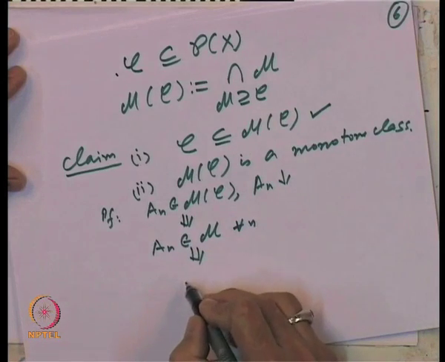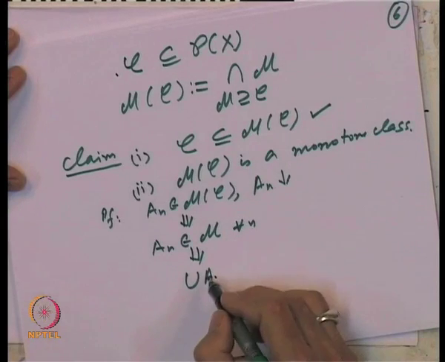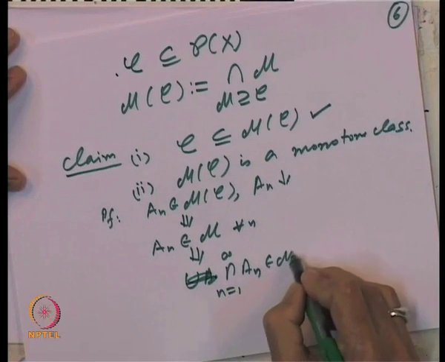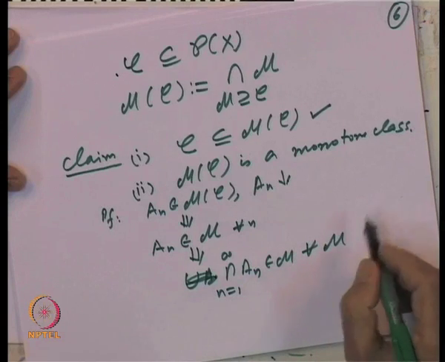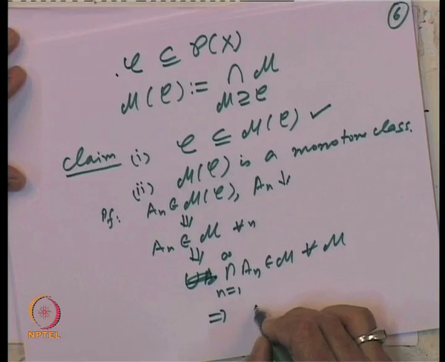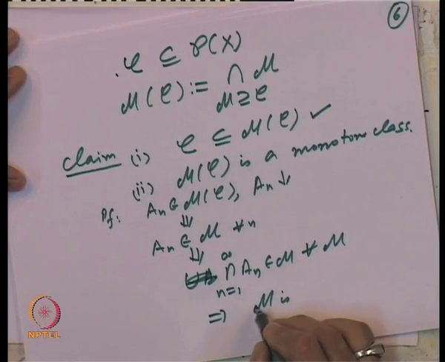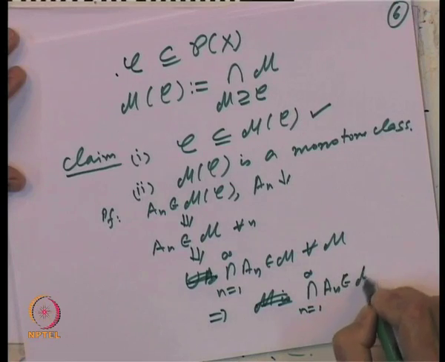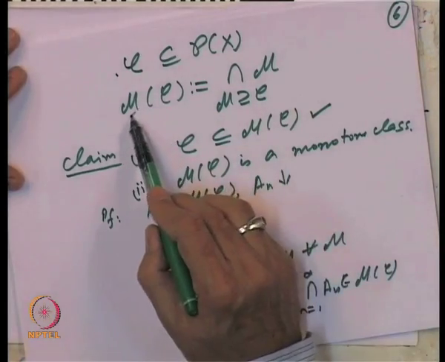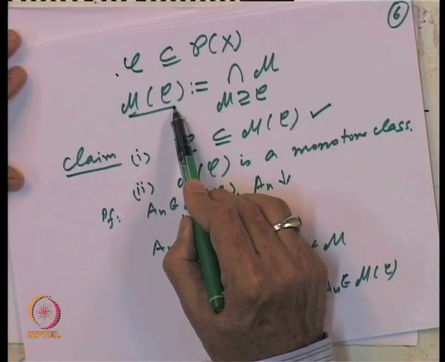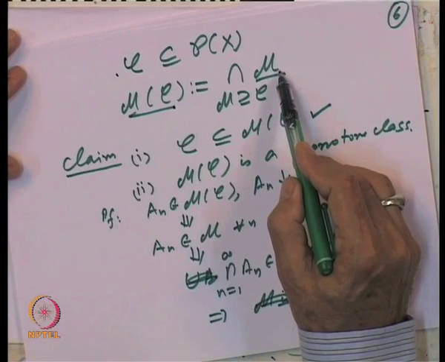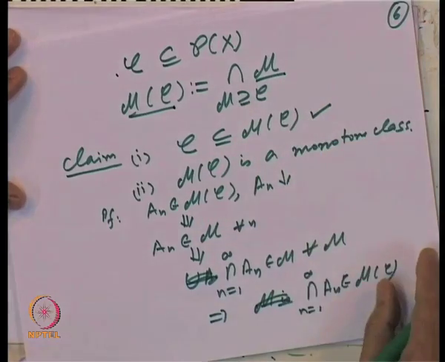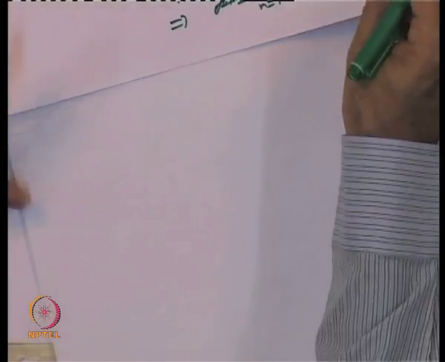We want to show that the intersection of A n's, n equal to 1 to infinity, belongs to every M, and hence that the intersection of A n's belongs to M of C. So, essentially, if A n is a decreasing sequence in M of C, then it is also a decreasing sequence in each M, and hence the intersection belongs to each M, and hence belongs to the intersection M of C. A similar proof works for the union.